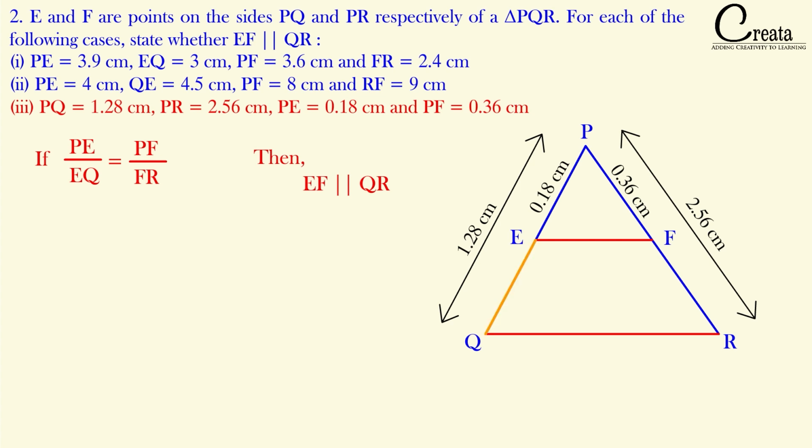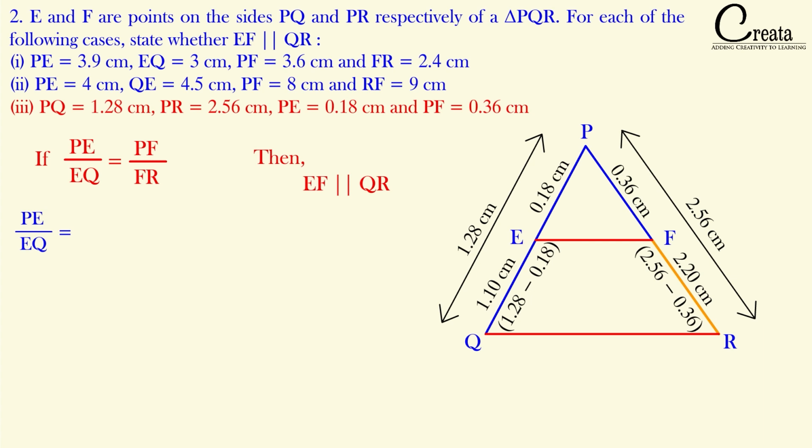Here we have to calculate EQ and FR before proceeding to the ratio. Let's do it. EQ will be 1.28 minus 0.18, that will be 1.10. And FR will be 2.56 minus 0.36, that is 2.20. So we got all the four line segments. Now we can check the BPT ratio.